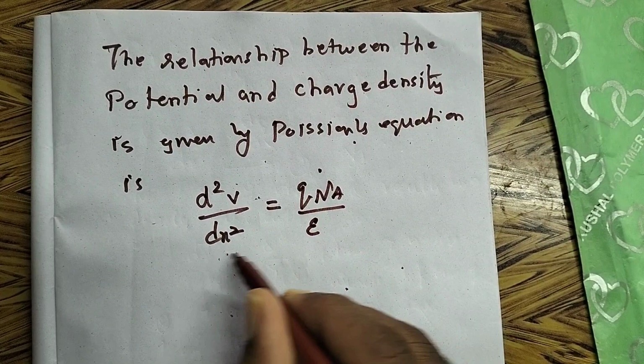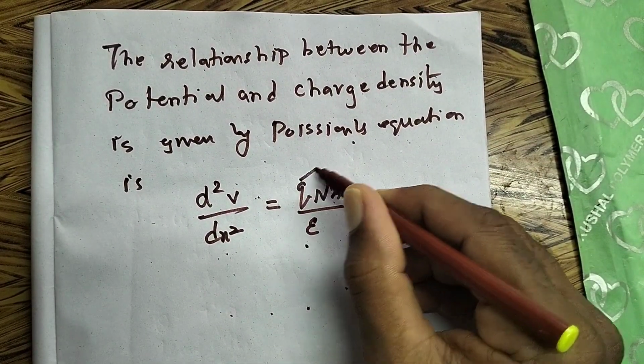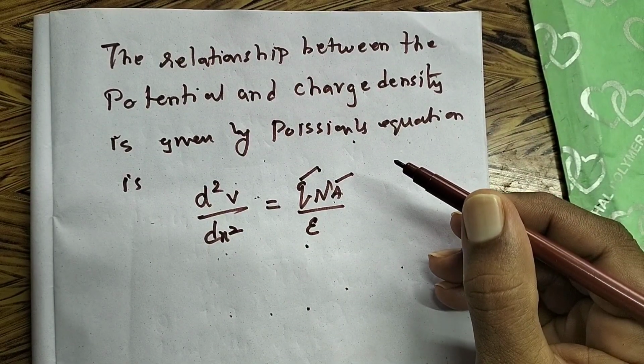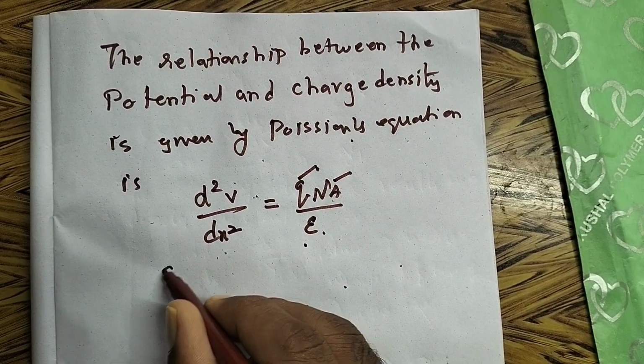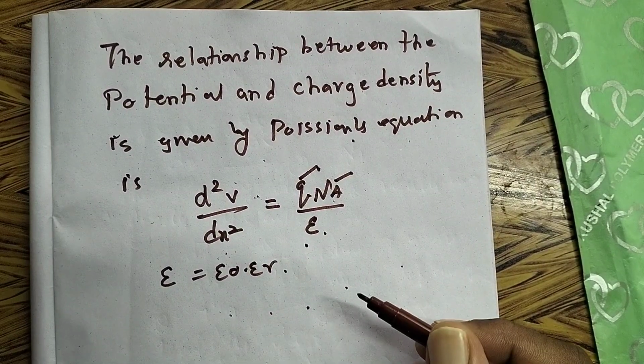So d square V by dx square is equal to q Na by epsilon, where q is the charge, Na is the acceptor ions in the p type, and epsilon equals epsilon naught times epsilon r.